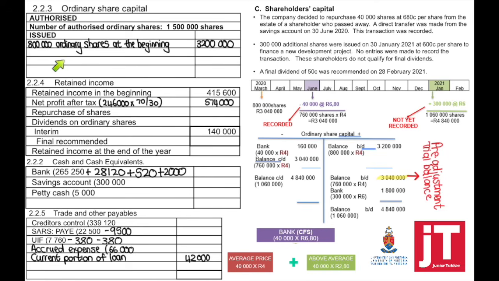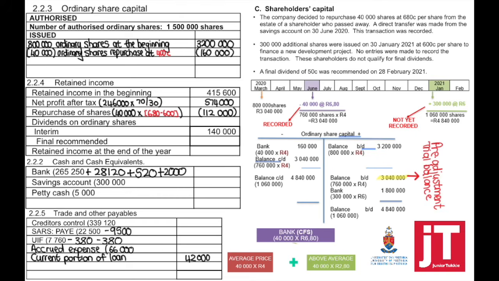Completing the note, 800,000 ordinary shares was issued at the beginning, and the total amount is 3.2 million. 40,000 shares were repurchased at an average price of 400 cents, and that equals 160,000. The repurchase of shares must be shown in brackets.